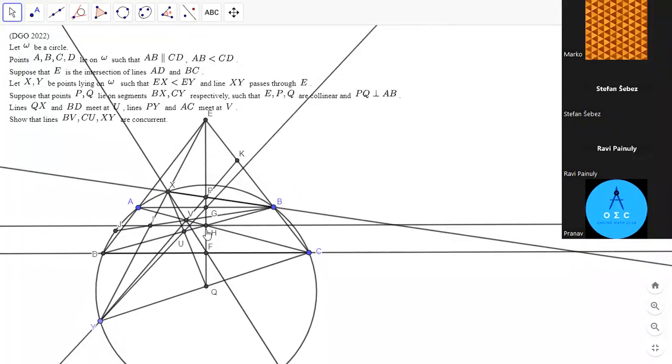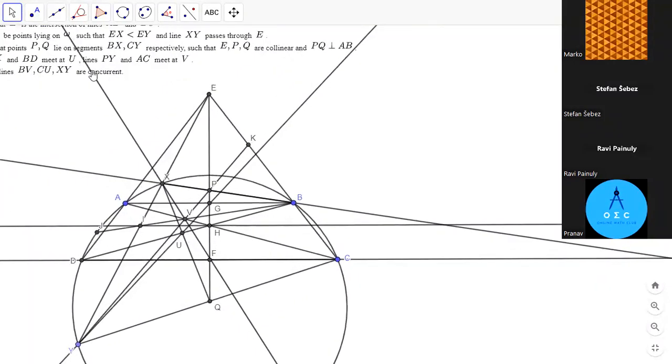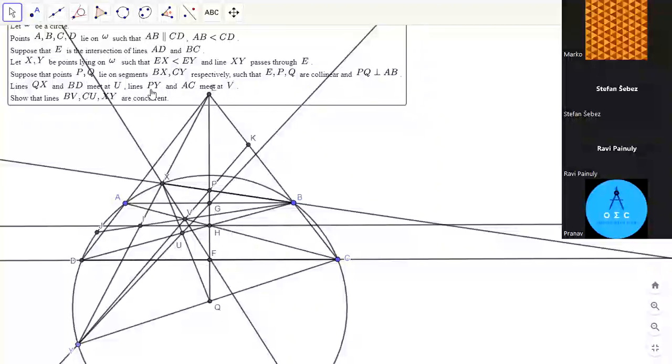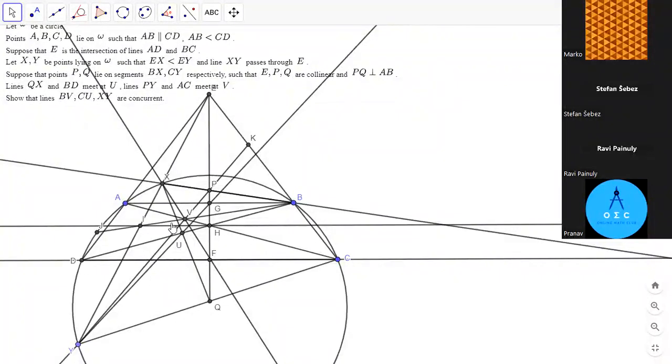Maybe not really project, but that ratio should be equal, right? And it's also interesting that all these points are also on that parallel line.